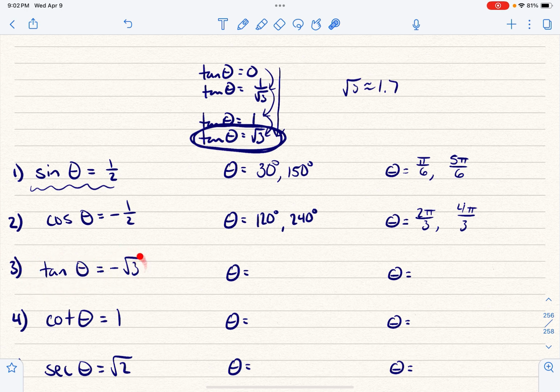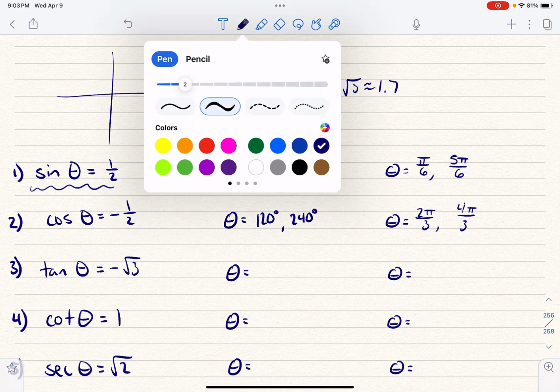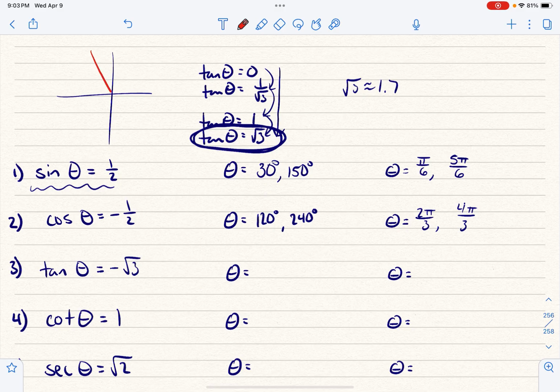And this is a slope with a number bigger than 1, except it's negative. So as I'm thinking about an x and y axis, I'm picturing a line that looks like this. It's got a steep negative slope. That's what this would have to be. Tangent theta is slope, and this is a steep negative slope.